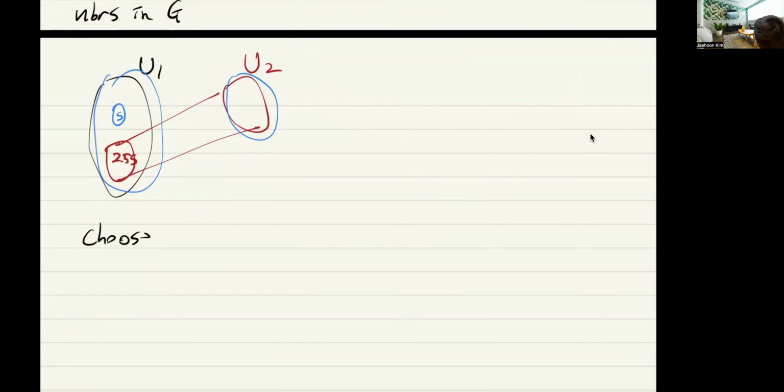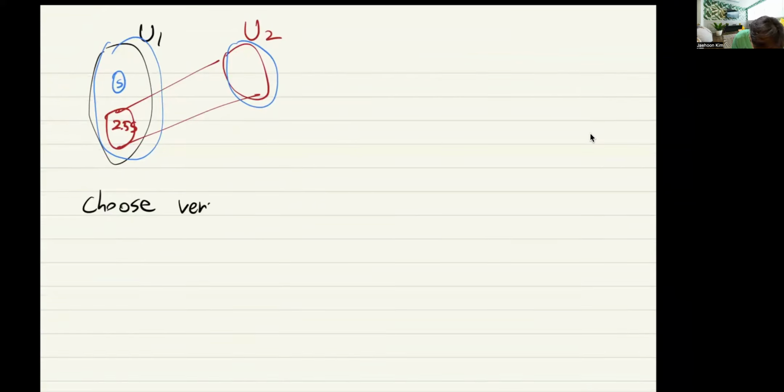So now we kind of repeat the proof of the dependent random choice lemma. We choose vertices B1 to B2.5s uniformly at random.